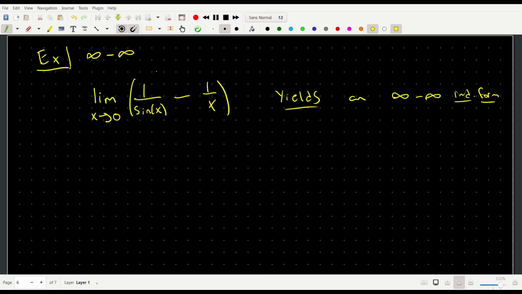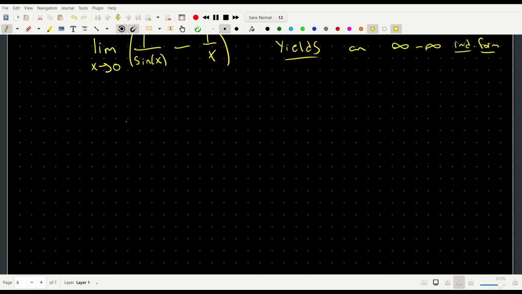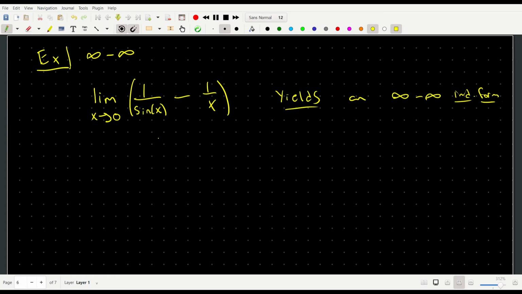So this is headed towards something that's infinity minus infinity, which is undefined. So we need to go through and evaluate this using our L'Hopital's rule.